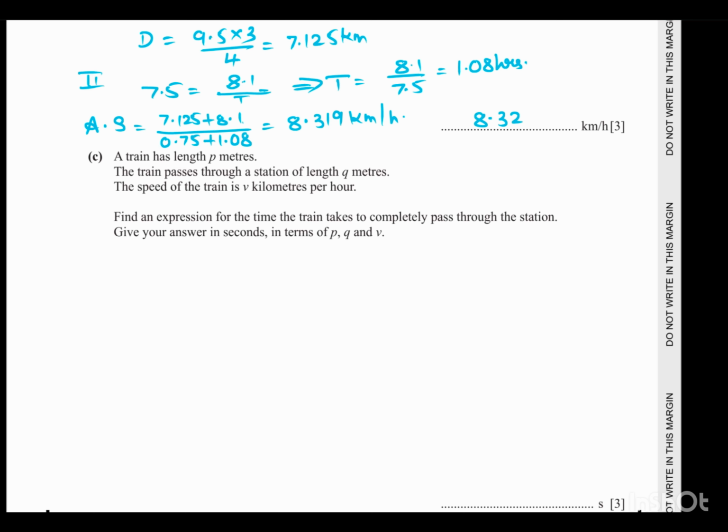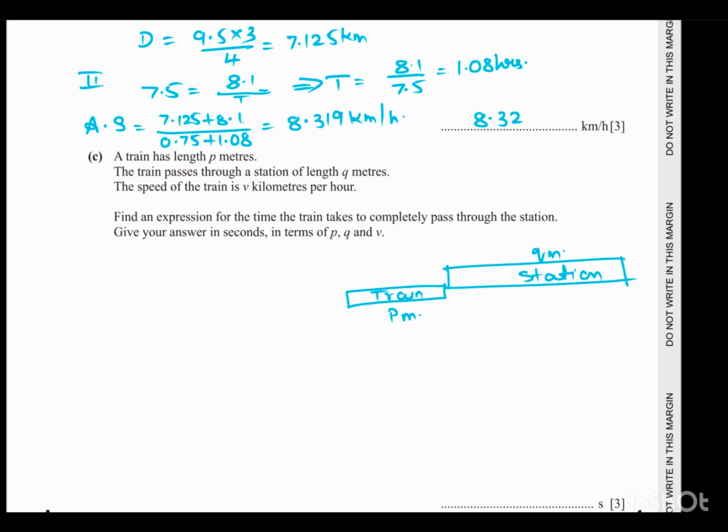Okay, so the train is passing through a station. Suppose this is the station, which is q meters length, and there is a train passing through, which is, not q, sorry, p meters in length.